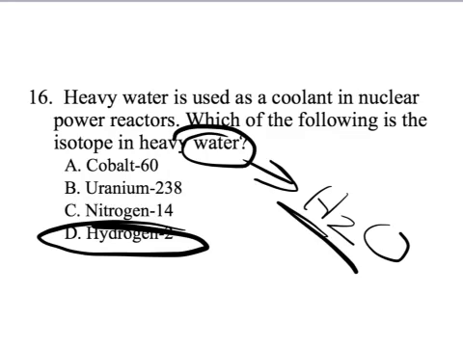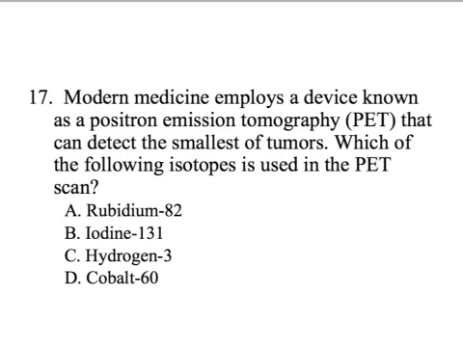Modern medicines employ a device such as positron emission tomography, PET, that can detect even the smallest tumors. Which of the following isotopes is used in a PET scan? Well, hopefully they don't ask you this because, wow, that's a hard question. It's rubidium-82. And hydrogen-3.